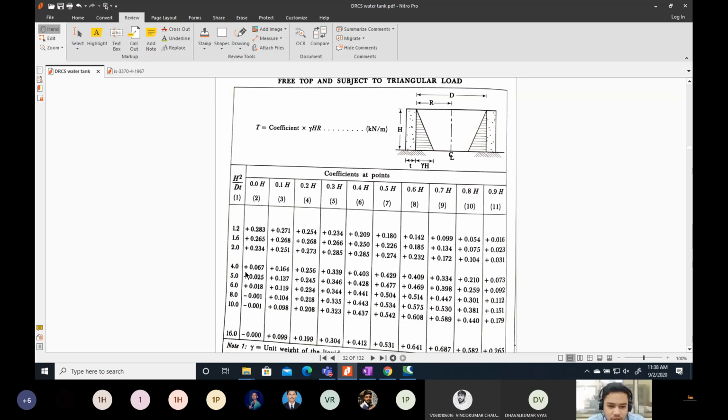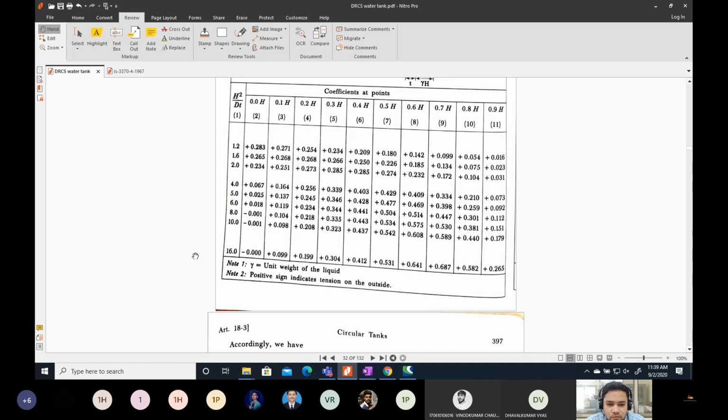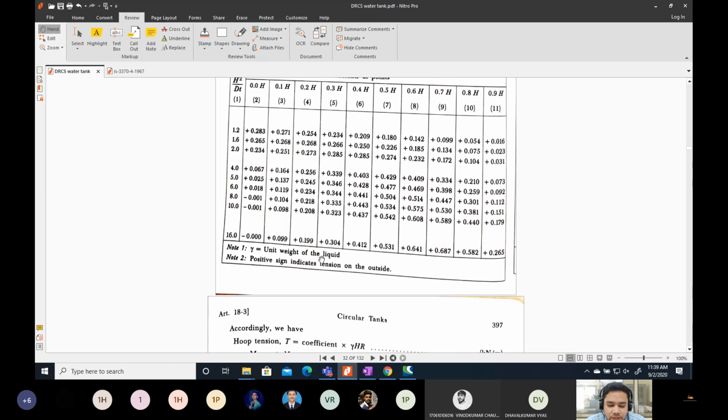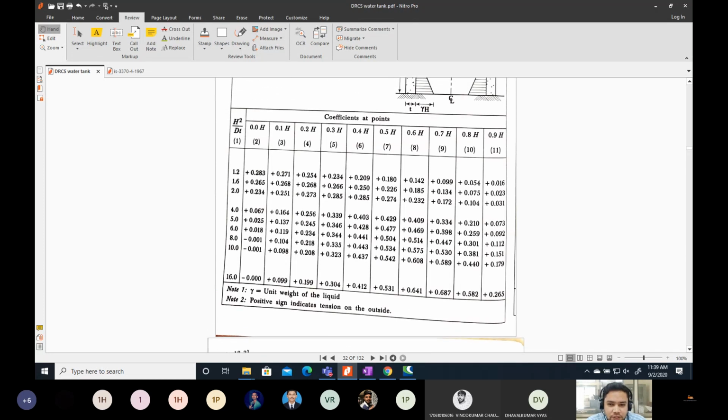Okay, and then you can have the coefficients throughout the depth of the wall, and you multiply this factor to this coefficient, so you will get the tension at different heights of the wall. Okay, here gamma is the unit weight of the liquid. In our case, it is water, so it is the unit weight of water, and positive sign indicates tension on the outer side.